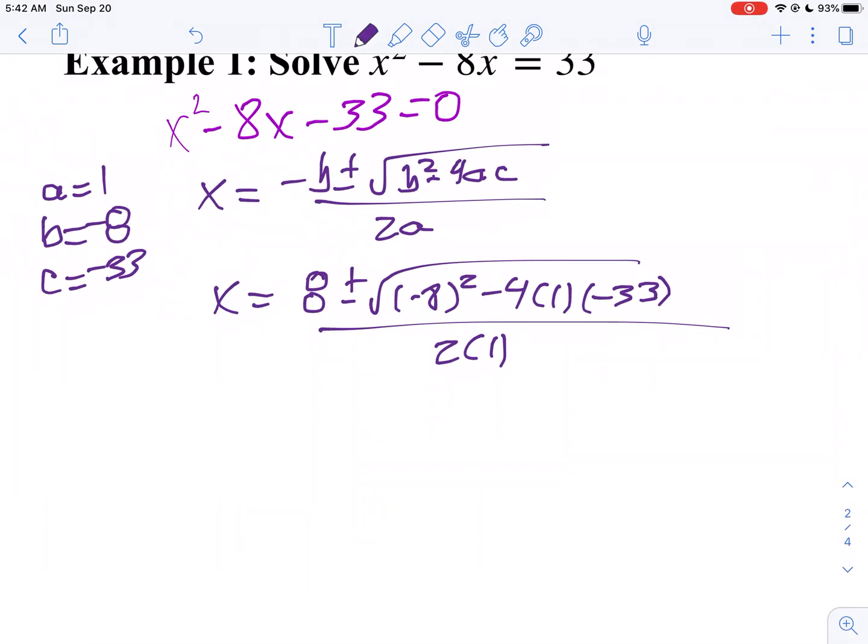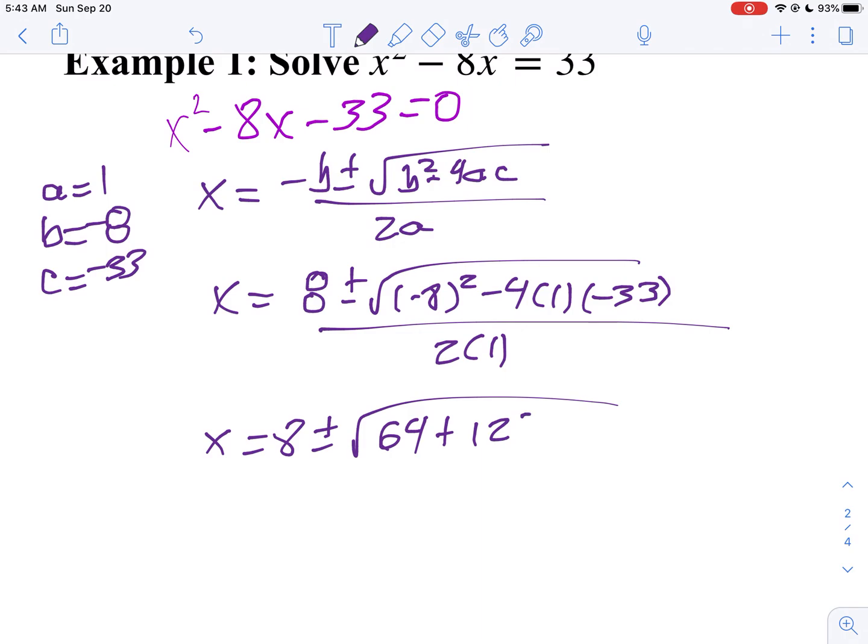So we get x equals 8 plus or minus, well, negative 8 squared is 64. A negative times a negative is a positive. Let me see, 4 times 33 should be 122.